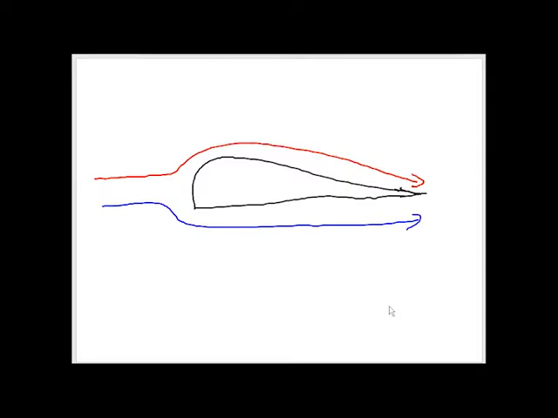The air going over the top has got further to go, so it travels faster. Because it travels faster, you end up with a low pressure at the top and a high pressure at the bottom. The upshot is the wing gets lifted. It creates lift. That's one of the consequences of Bernoulli's effect. Basically, if you make a fluid travel faster, you get low pressure.